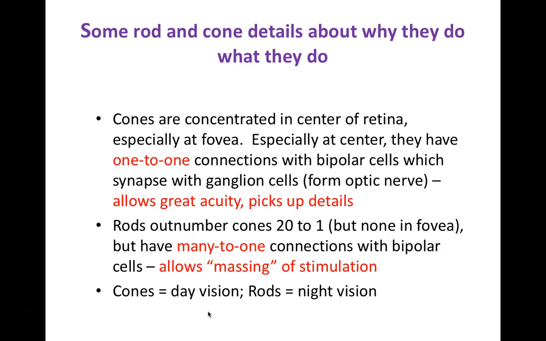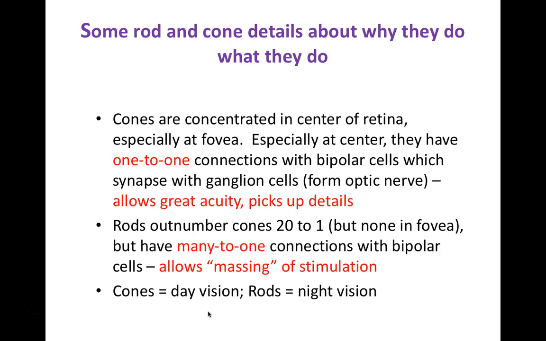Each cone is connected to a single bipolar cell, so that one cone can communicate its own information, as can the cone next to it, which is seeing just a little bit over from what the other cone is seeing. Because it's this one-to-one, you can get a lot of detail.